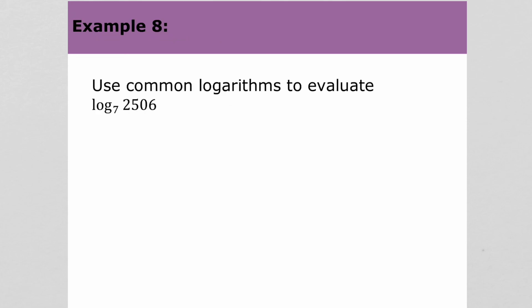So use common logs, that's log base 10, to evaluate log base 7 of 2,506. That would be the same thing as log of 2,506 over log of 7, which is approximately 4.022.